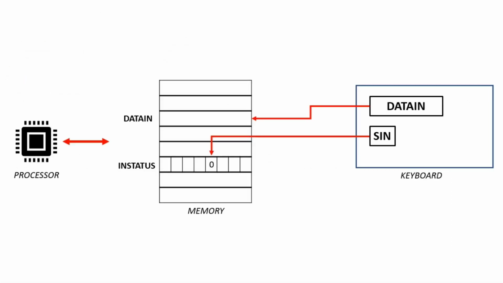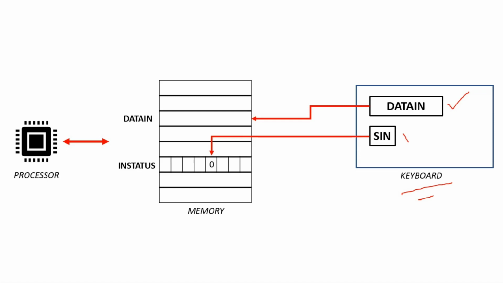This diagram explains how input-output devices are memory mapped into the processor. You can see here a keyboard device. It has a buffer called data in. That means whatever data the processor has to read will be stored in the data in buffer by the keyboard, and the processor reads it from the data in buffer and places it in its own register.